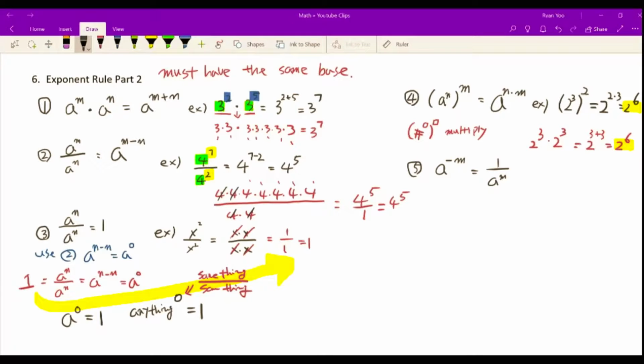Or if you have 1 over a to the negative m, that means a to the m over 1. Did you guys notice something? I want you to see this. If you have a negative exponent, what happens is it goes to the denominator. In the other case, it goes to the numerator.